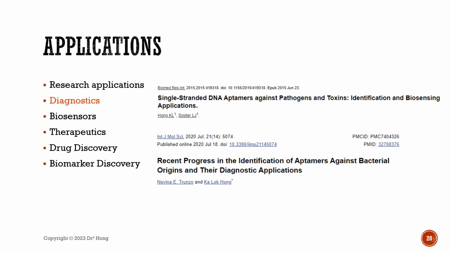Precisely, I'm using aptamers for diagnostics. When I graduated, I published a very extensive review article with my advisor, Dr. Letha Suter, titled Single-Stranded DNA Aptamers Against Pathogens, Toxins, Identifications, and Biosensing Applications. A very extensive amount of research went into this work.